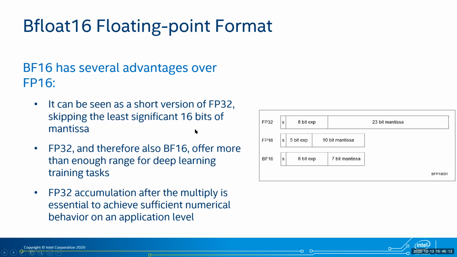But actually it's pretty enough for deep learning training tasks. And that's why we also provide this BF16 support, because you will see a performance benefit by using it, and it is also enough to support deep learning training tasks with good accuracy.